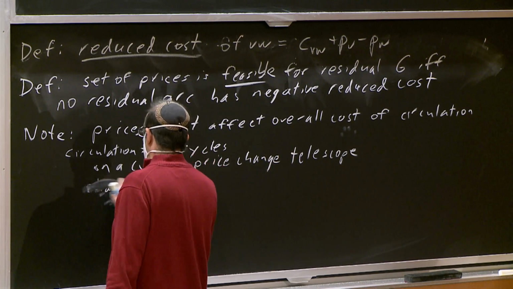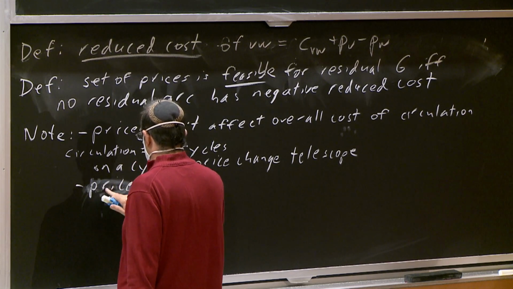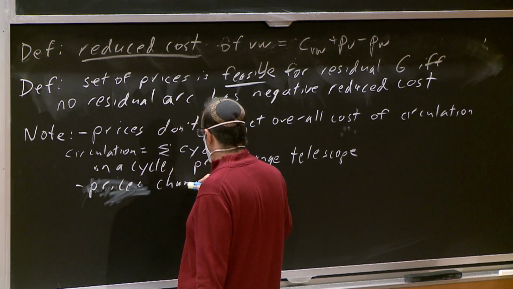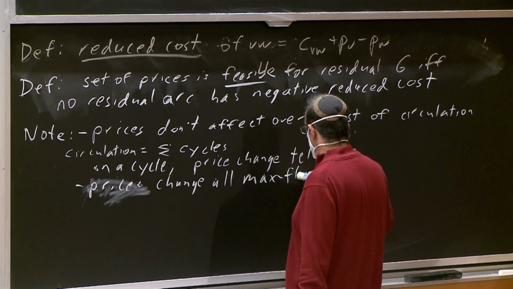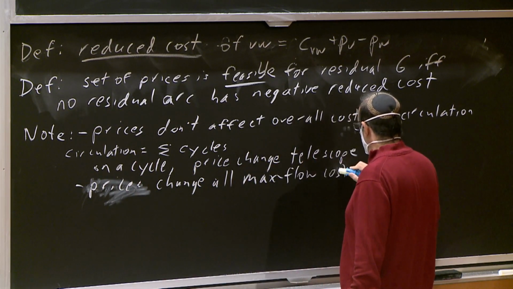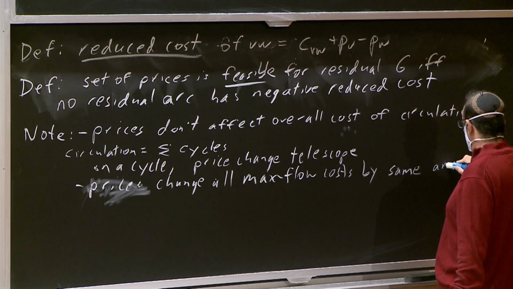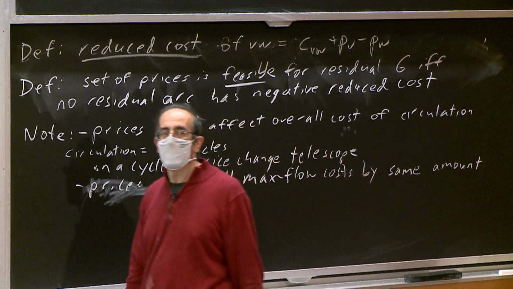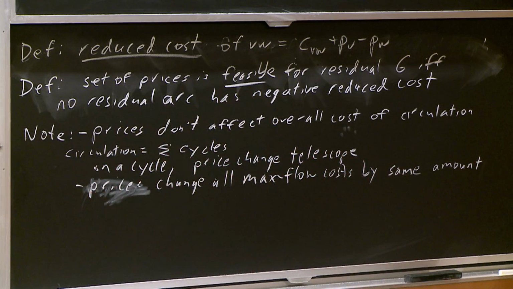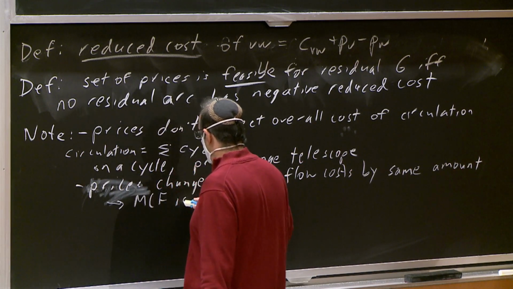Sorry, let me add a header here. Prices change all max flow costs by the same amount. And that means that the min cost flow is the same flow.